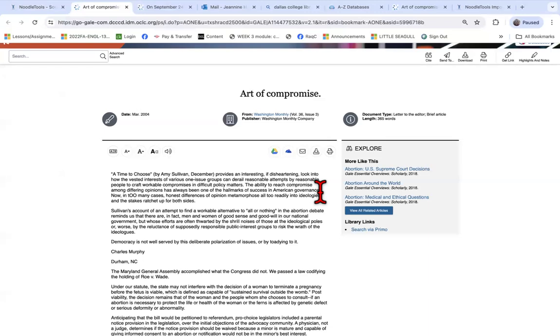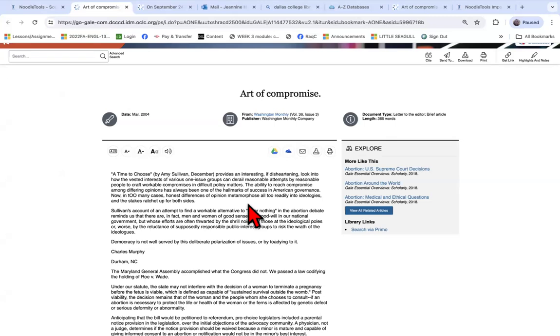Now, in many cases, honest differences of opinion metamorphose all too readily into ideologies, and the stakes ratchet up for both sides. So instead of compromising, people firmly place their feet further in the ground until they're underground. So it has the opposite effect.